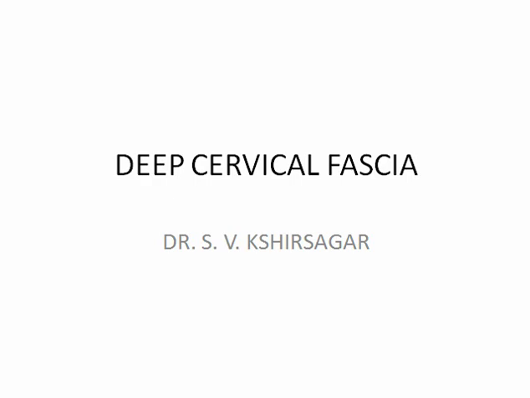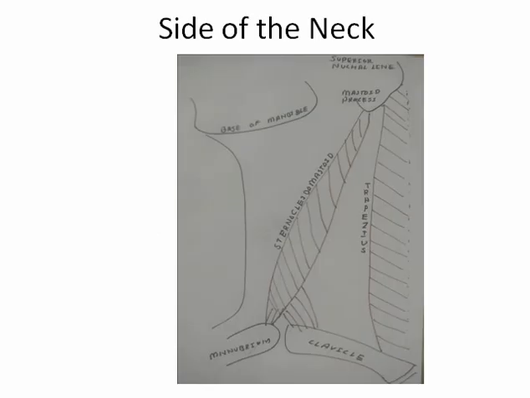So if we see the neck, the side of the neck, the boundaries of the side of the neck, here you can see this is the base of the mandible, this is the mastoid process, this is the external occipital protuberance, and this is the superior nuchal line. So the side of the neck is bounded above by the base of the mandible, the line joining the angle of the mandible with the mastoid process, and the superior nuchal line.